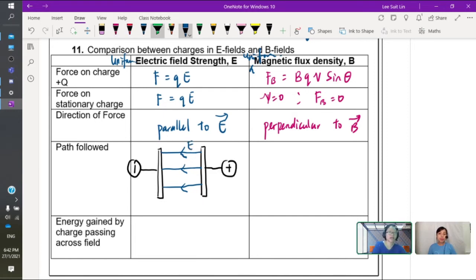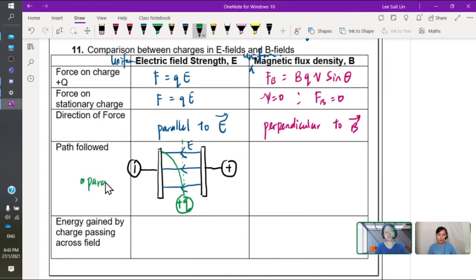Let's say I have a rogue charge, positive Q, joining the electric field. It will obviously be attracted to the negative plate, right? And it will follow the trajectory of a parabola. Okay, so the path followed here is parabolic.